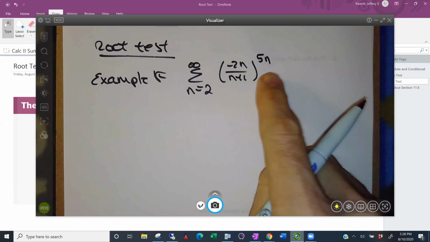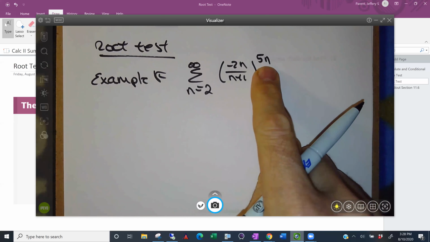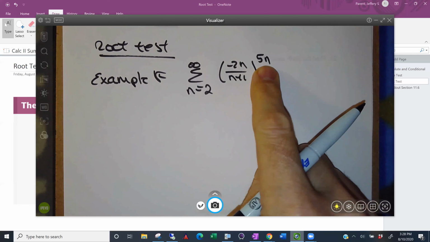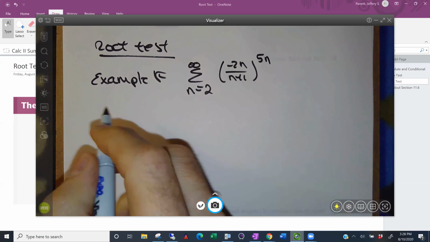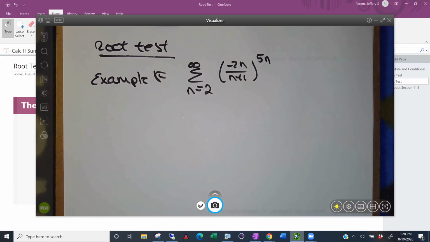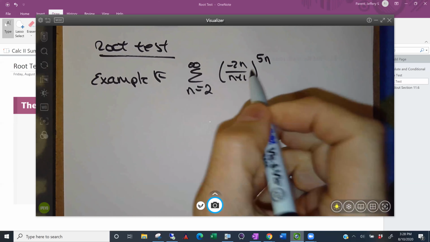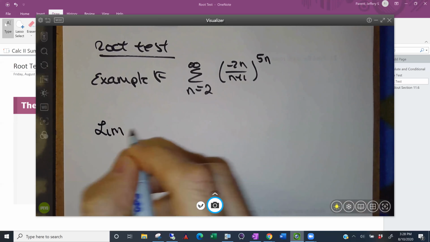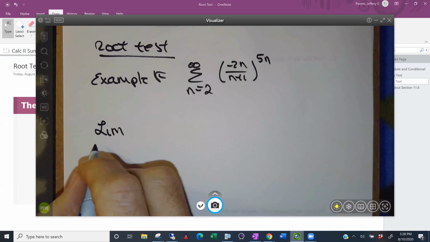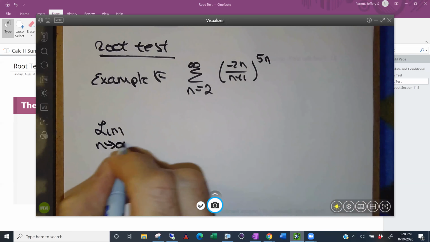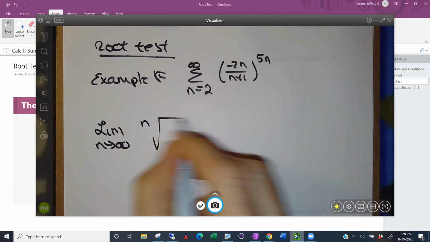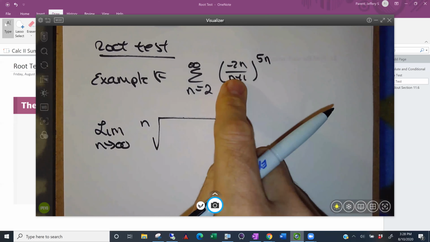So you've got something to some multiple of nth power. So that's kind of suggestive of a root test. And the nice thing is I don't have to calculate two things like we did with the ratio test. I'm just going to proceed to calculate the limit as n approaches infinity of the nth root of, I think I want the absolute value of that.